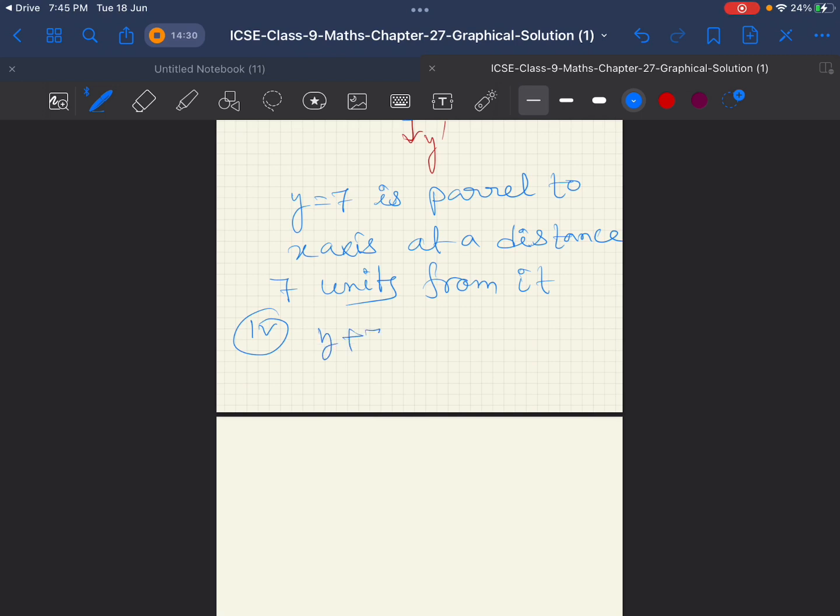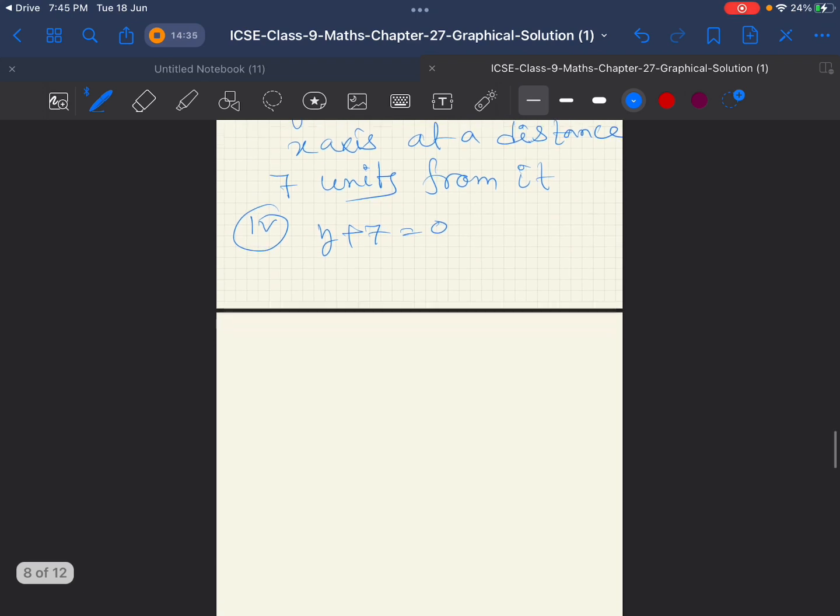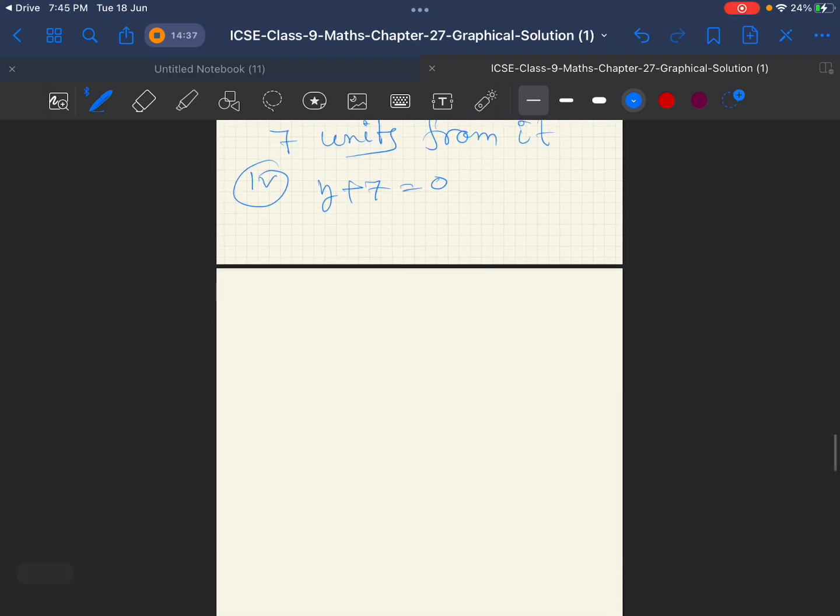Okay, so question number 4, y plus 7 equals to 0. So here we draw a graph. Okay, so x o x dash, y o y dash.